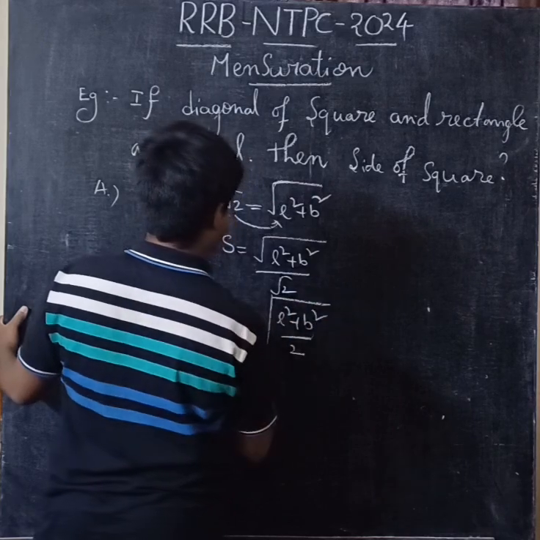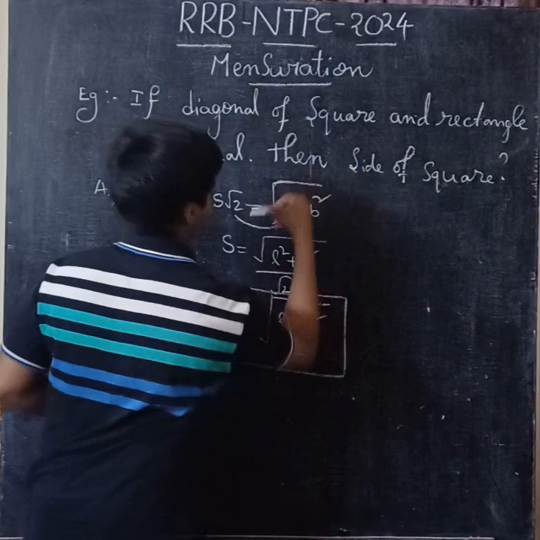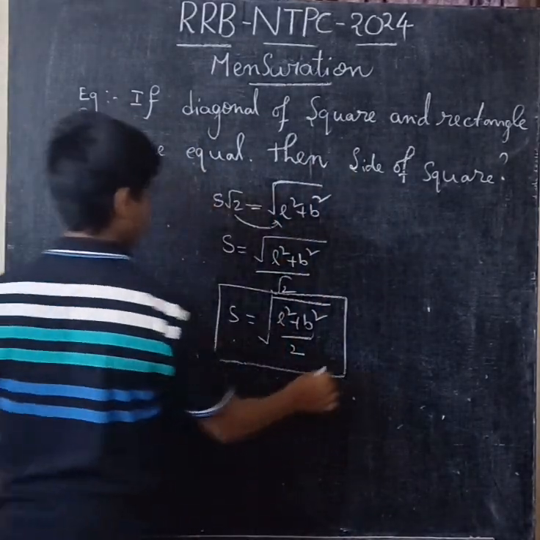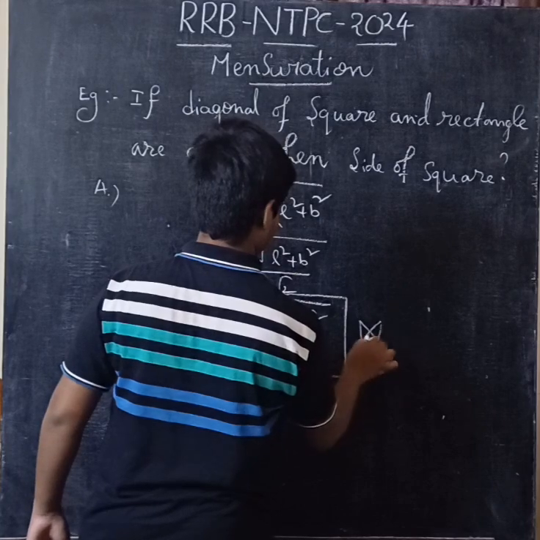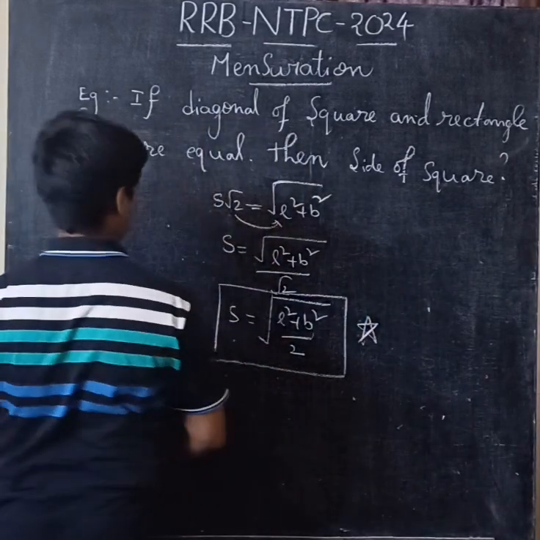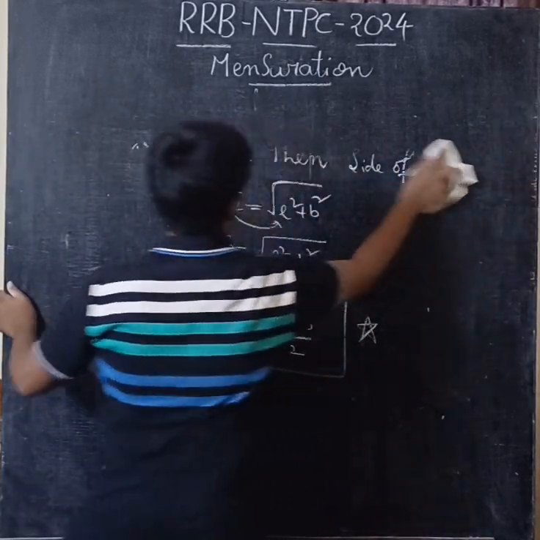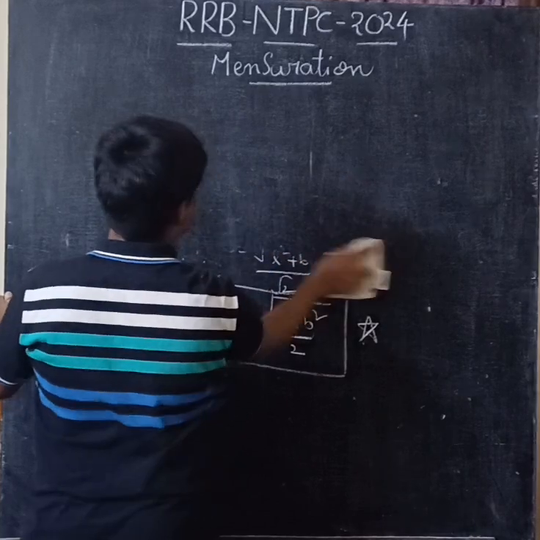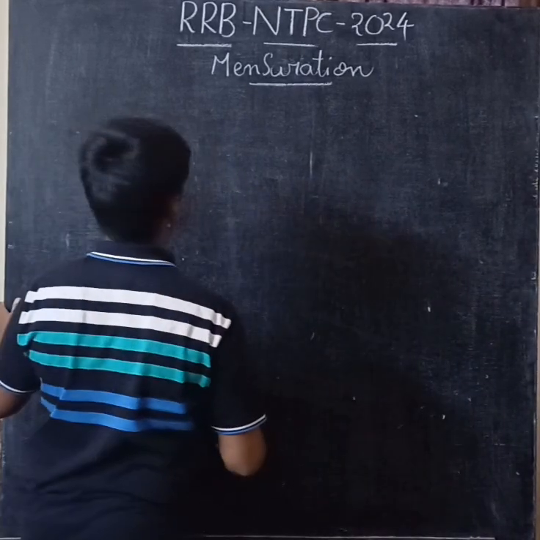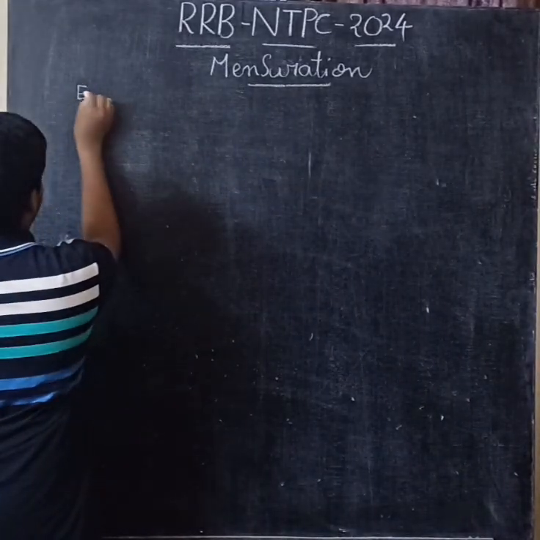So this is the side formula when the diagonals are equal. So this is the second example.